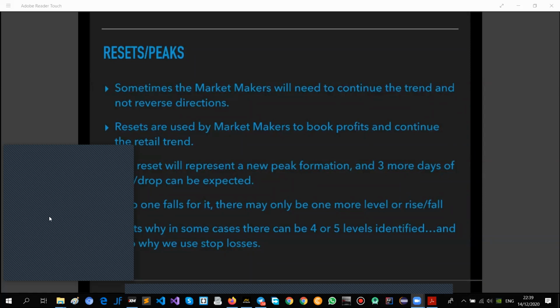Peak formation highs or lows can be formed on Friday actually. Any day, any time they can be formed, but mostly Mondays. So it's just important that one knows how to identify and tell that this is a peak formation, low or high.